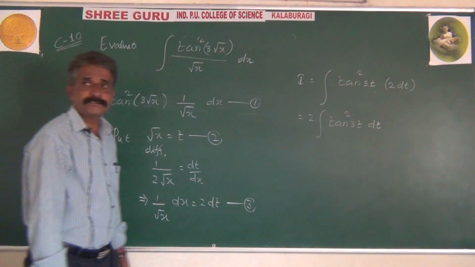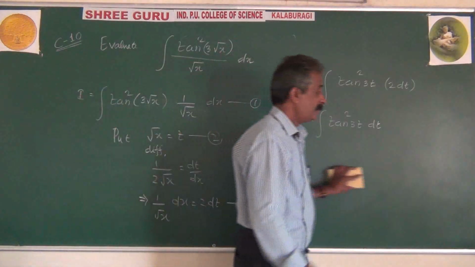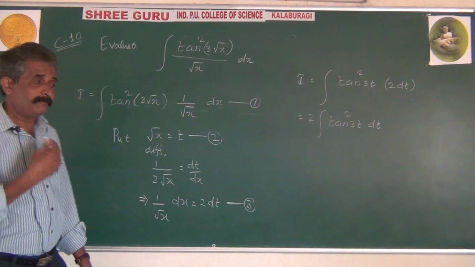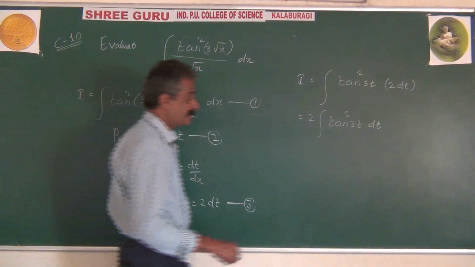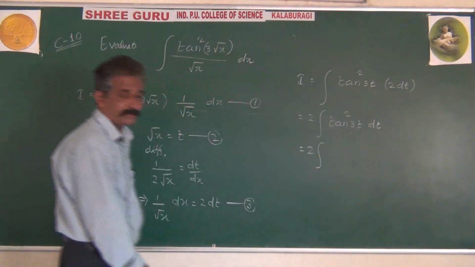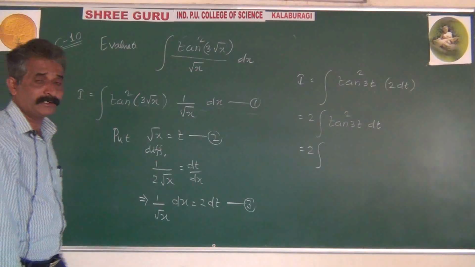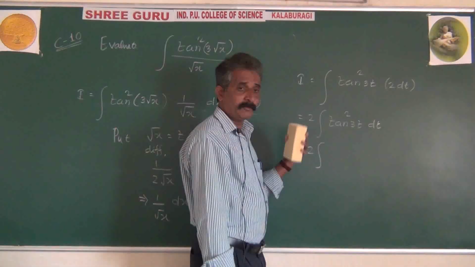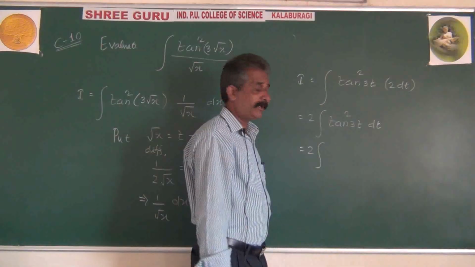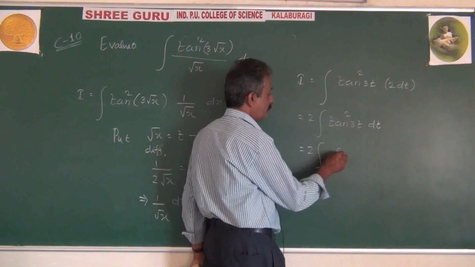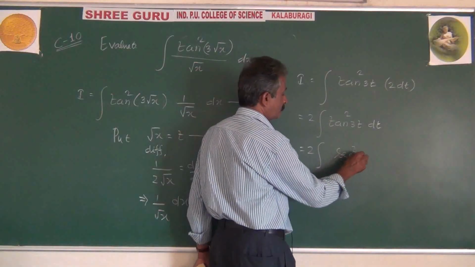By past class experience, easily we can tell that we don't have a formula for integration of tan square, but we have a formula for integration of secant square. Convert tan square in terms of secant square. So many times we converted. Once again, that chance. Tan square a is how much? Secant square a minus 1. So now tan square 3t means secant square 3t minus 1.